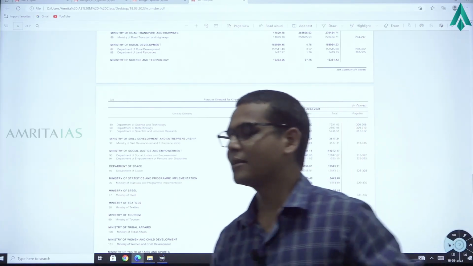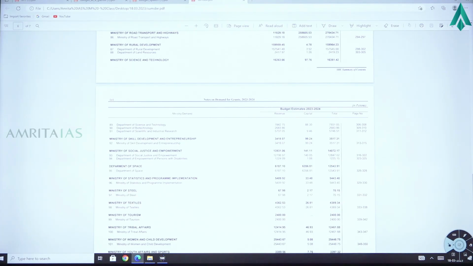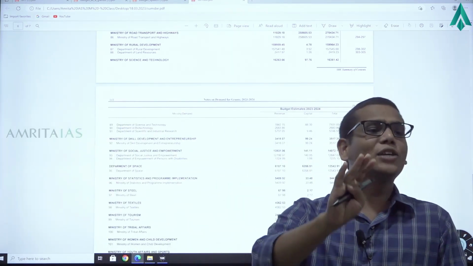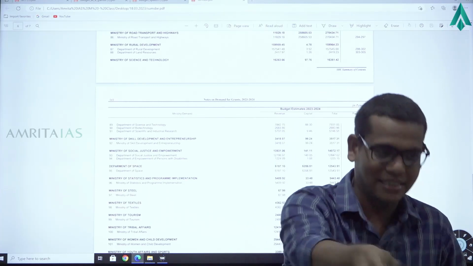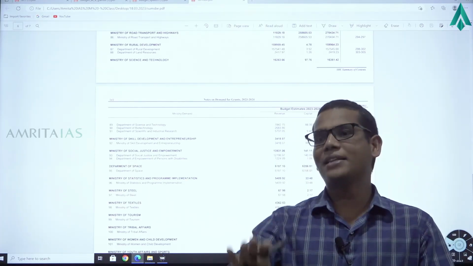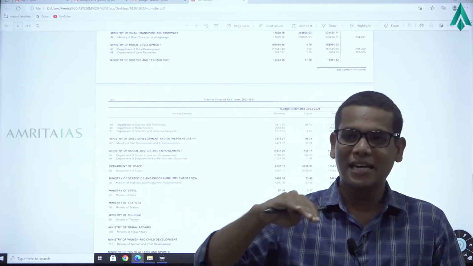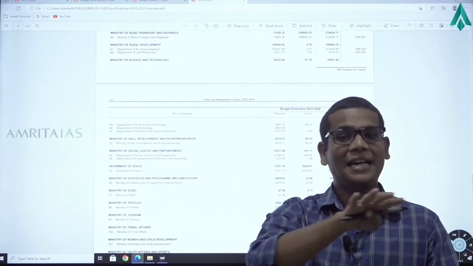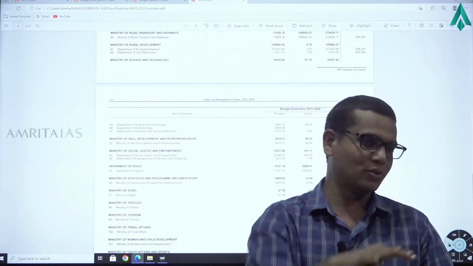Is it clear? See, the union government can impose the cess. For the state government, there is no point in imposing the cess, because the cess, as we studied, is in the context of sharing of revenues.